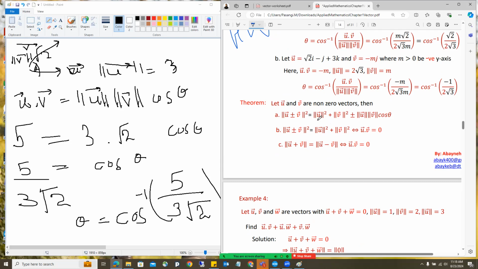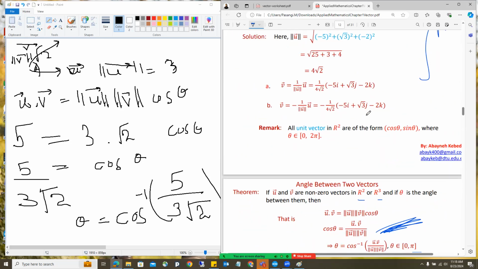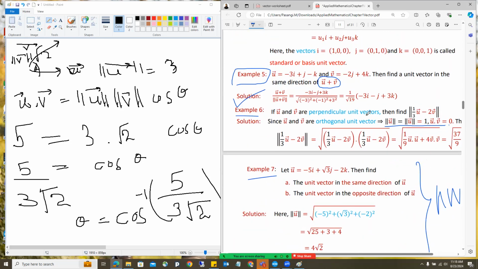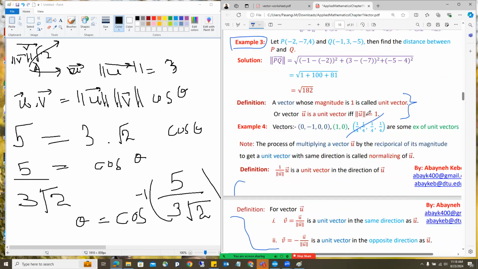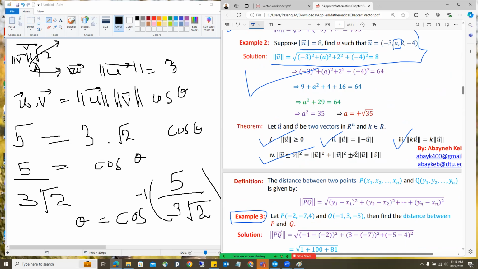We did this one earlier: the magnitude of vector u plus or minus vector v involves plus or minus 2 times u dot v.